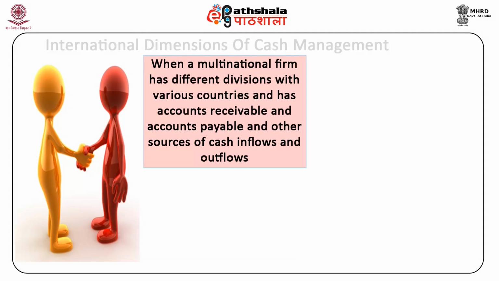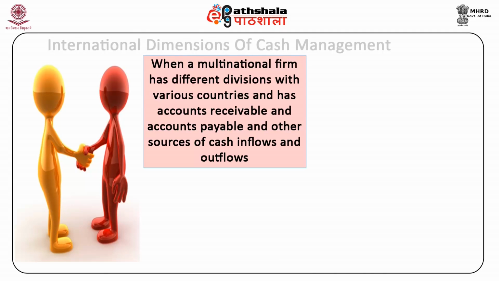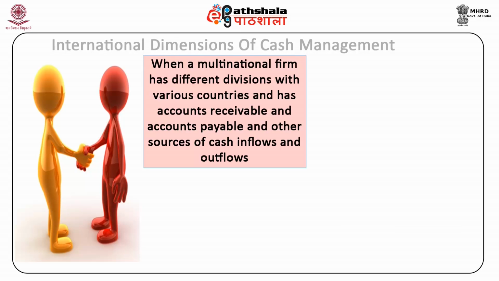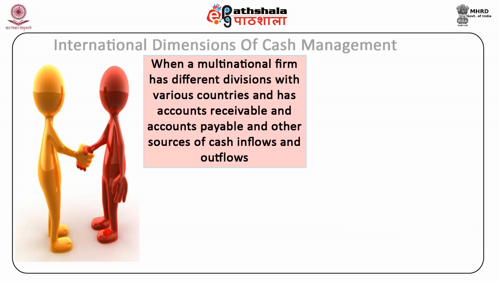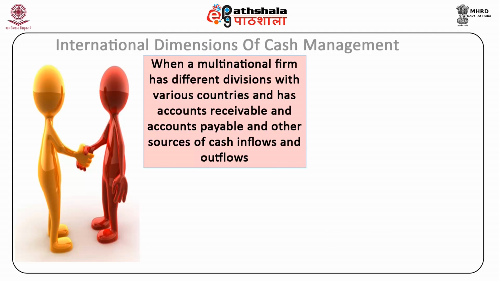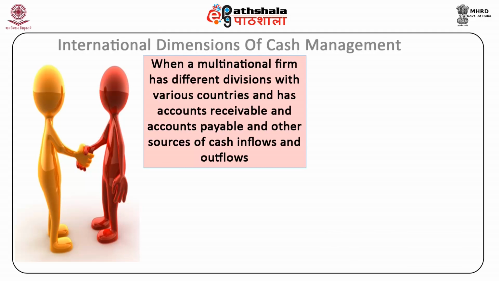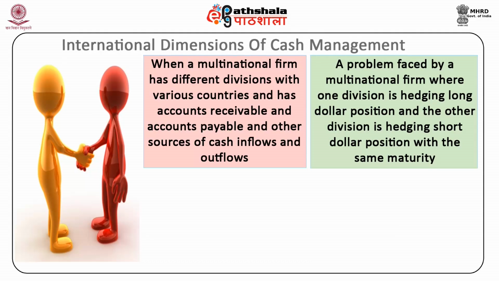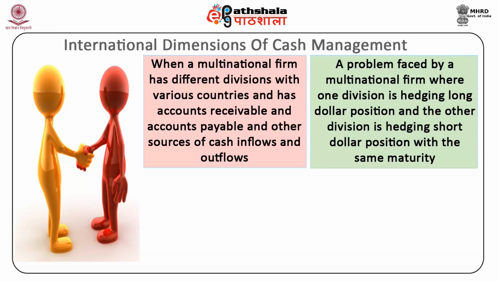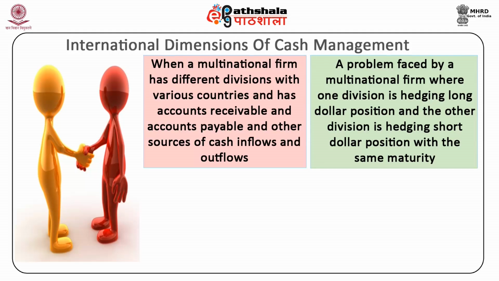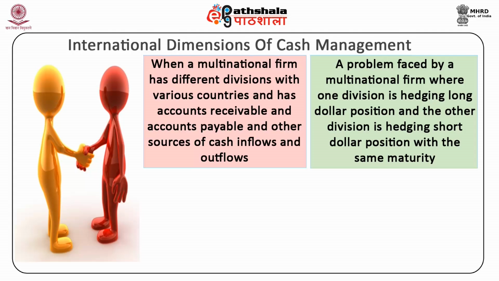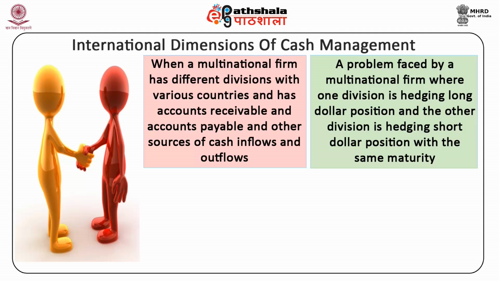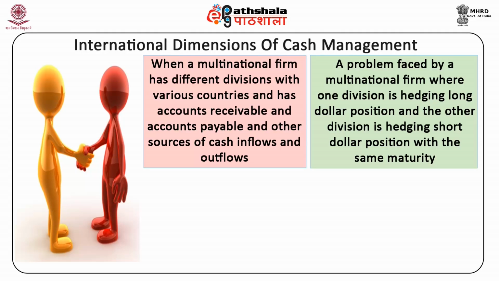When a multinational firm has different divisions in various countries and has accounts receivable, accounts payable and other sources of cash inflows and outflows, at times a problem is faced where one division is hedging a long dollar position and the other division is hedging a short dollar position with the same maturity.